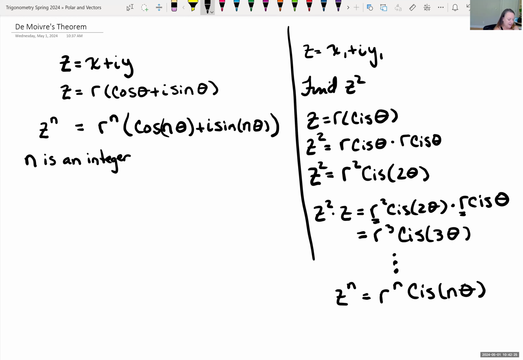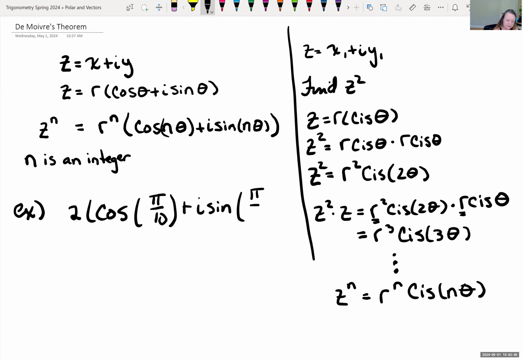So let's look at that. If we started out and we had 2 cosine of pi tenths plus i sine of pi tenths, and this was all raised to the 5th power.